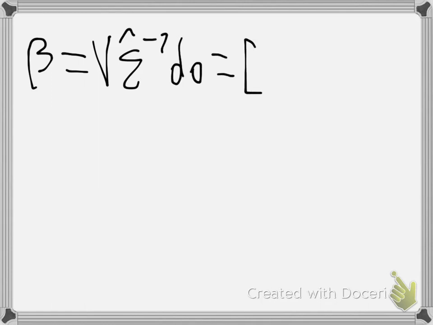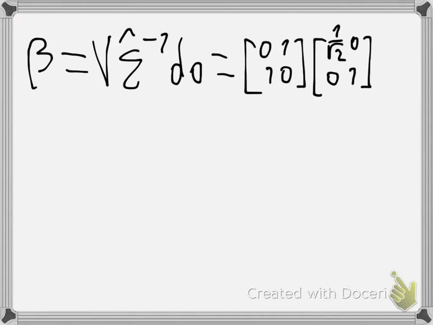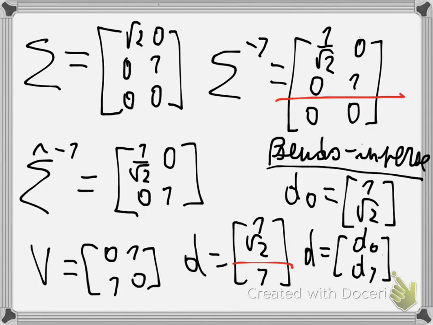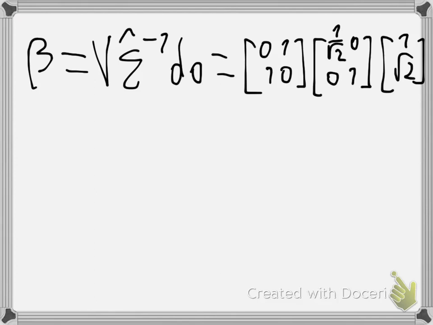And so this is equal to, so V is 0, 1, 1, 0. The pseudo inverse is 1 over square root of 2, 0, 0, 1. And D0 is 1 and square root of 2. Okay. Now if I multiply that, I get square root of 2, 1 over square root of 2.